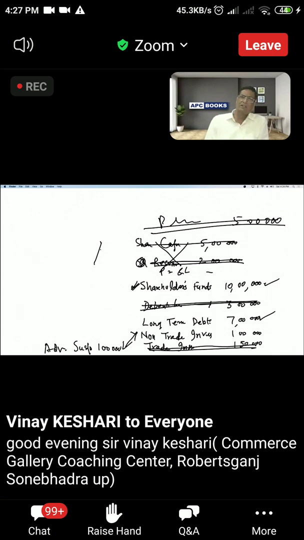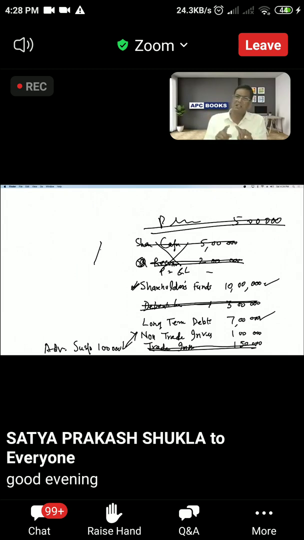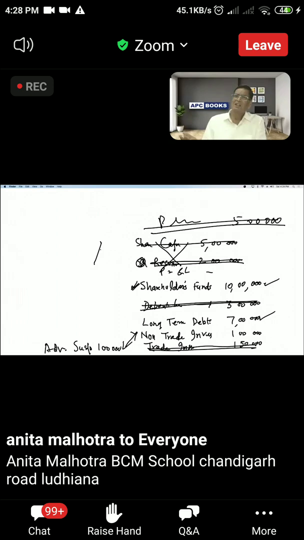That money is not being utilized in our company, in our factory, in our business. That amount invested is not being utilized by us. That is surplus money invested elsewhere. Therefore, non-trade investments are to be excluded following the liability side approach.